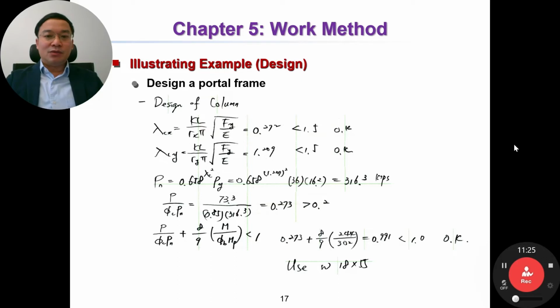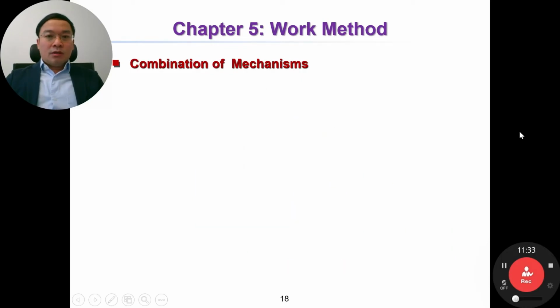So we can use both of them for design of a structure. Next, we are moving to another new content. It is the combination of mechanisms.